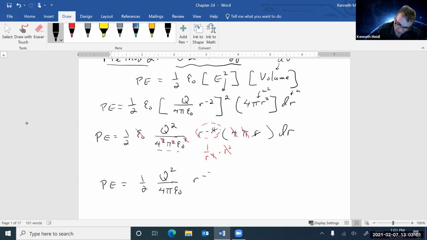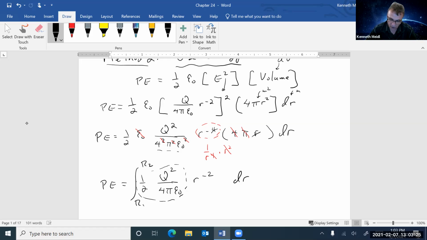So I have r to the -2 dr, and I'm going to integrate that from R1 to R2 to get the total volume here. Now all of this stuff right here are essentially constants once this thing is all charged up, so all of that's going to pass through the integral sign.